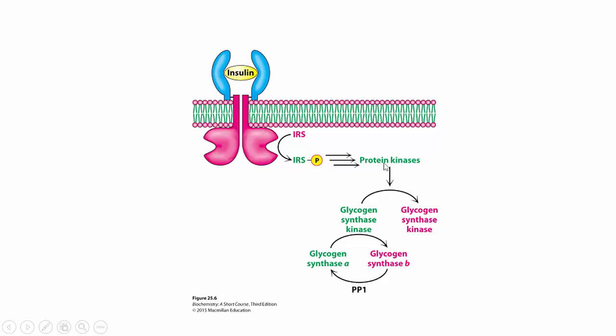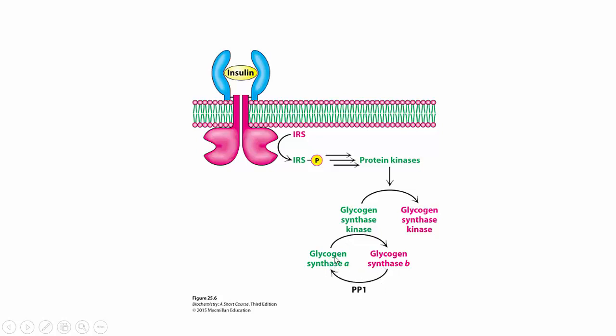However, now the kinase from the insulin pathway is going to phosphorylate GSK. So when GSK is phosphorylated, it's going to be turned off. Since GSK is turned off, there's nothing to phosphorylate glycogen synthase, and glycogen synthase is going to be turned on. Okay. So by inhibiting this enzyme, we're basically leaving glycogen synthase on.